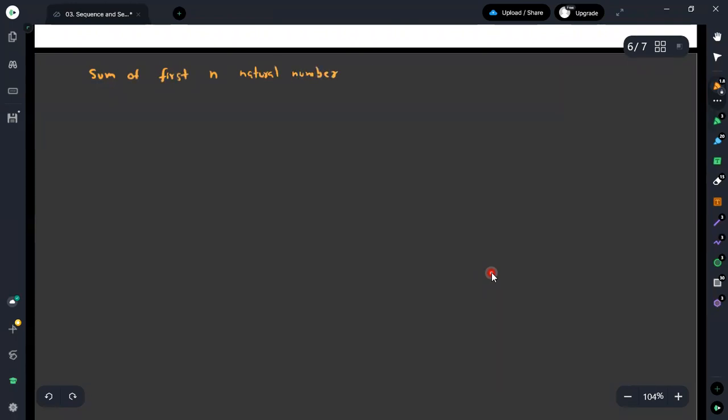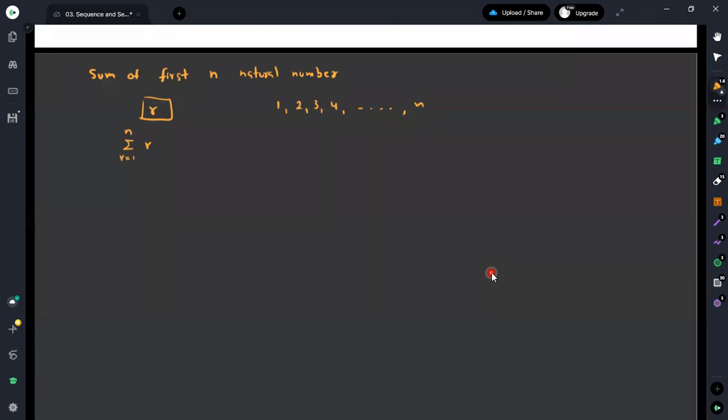If we let this natural number be r, then we take the summation where r goes from 1 to n. If we first write down the natural numbers, we can write them as 1, 2, 3, 4, and likewise up to n, since we are taking the summation up to n.